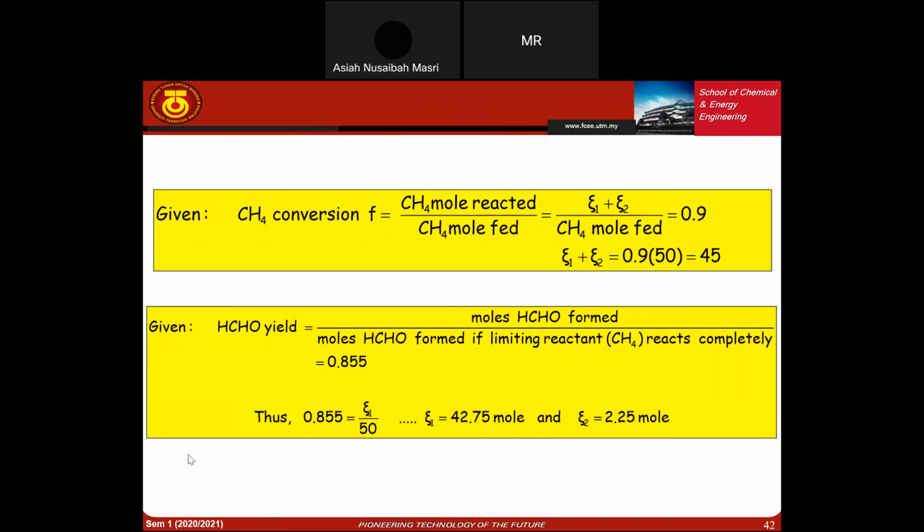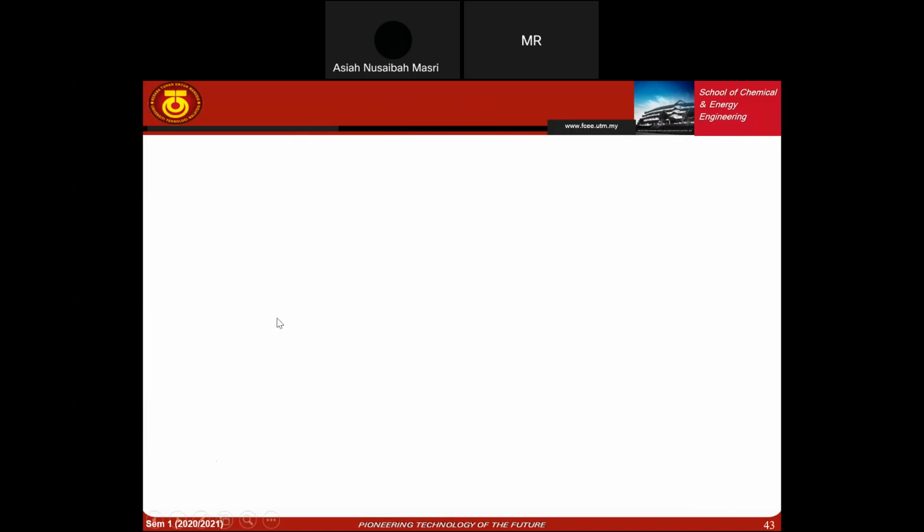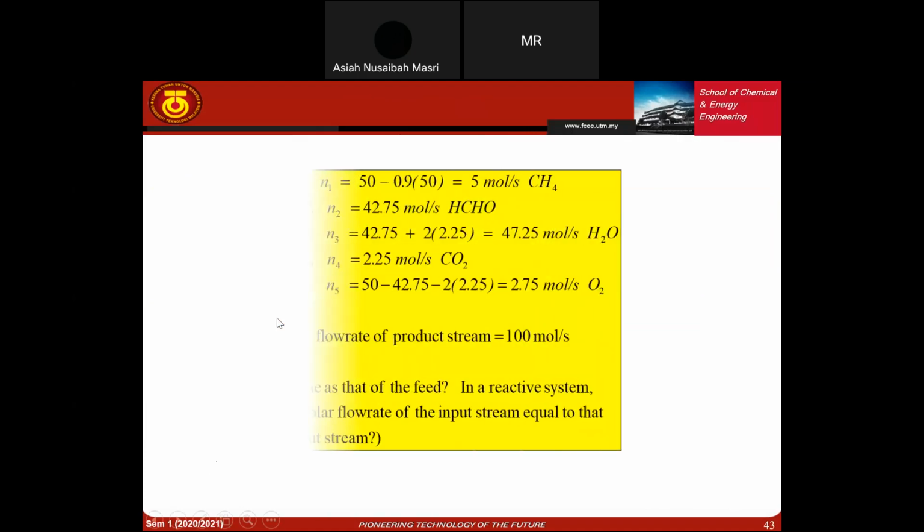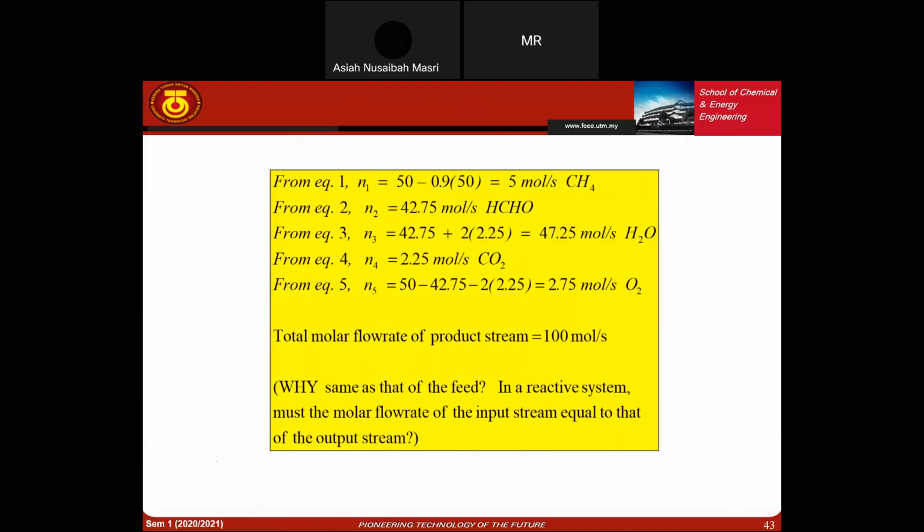Why are we actually solving for these extents? This is because we come back to the question, where we were asked for the molar composition of the product. We are interested in N1 up until N5. So we go back to the balance for all: CH4, HCHO, H2O, CO2, and oxygen. We put the values of extent 1 and extent 2 into the equations.